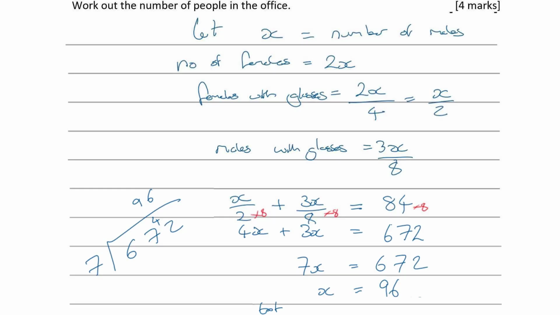So total in office is going to be 3x, which is 3 times 96, which is, what's that? 300s would be 300. Take away 3 12s, which is 288, I think.